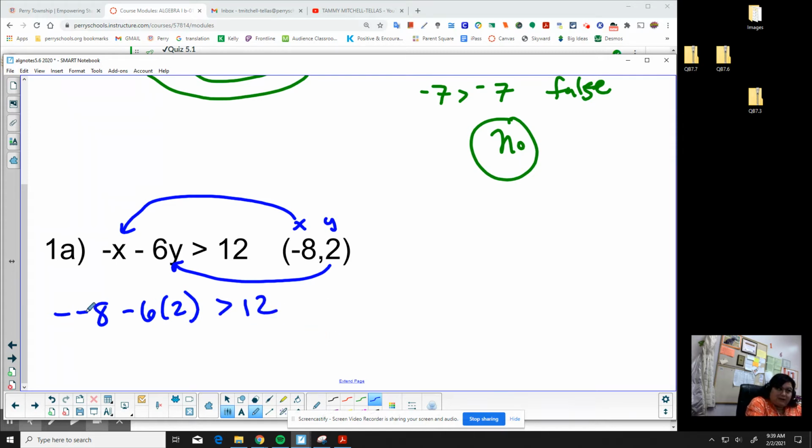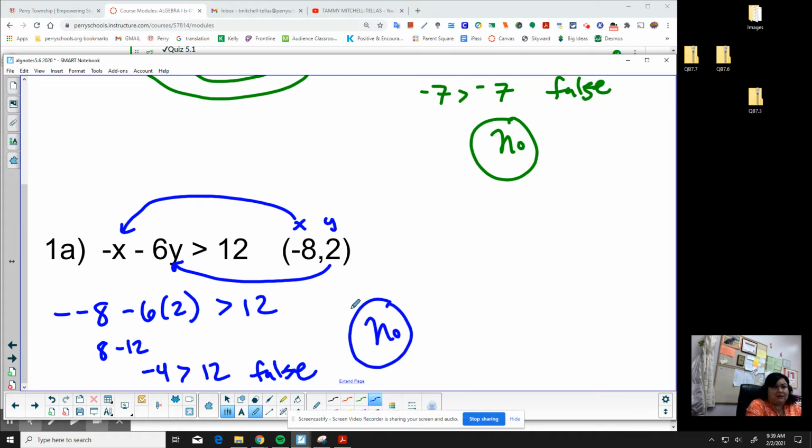If you type this into Desmos, -8 minus 6 times 2, let's see, that would be 8 minus 12, which is -4. -4 is greater than 12? No, it isn't. -4 is not greater than 12. This is false. So if I drew the picture of this, -8, 2 would not be in the shaded area. So this is no. This is not in the shaded area or not part of the solution.